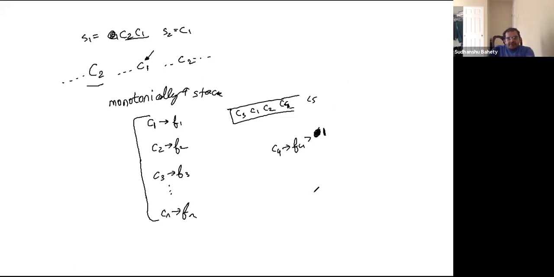If it is not, then we won't remove C4. You reduce the frequency of C4 by 1, and then you push in C5 over here. So the stack is a monotonically increasing stack which contains the final solution, which is the distinct elements. Is this part clear?